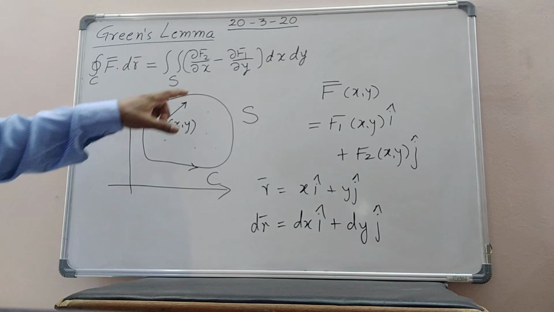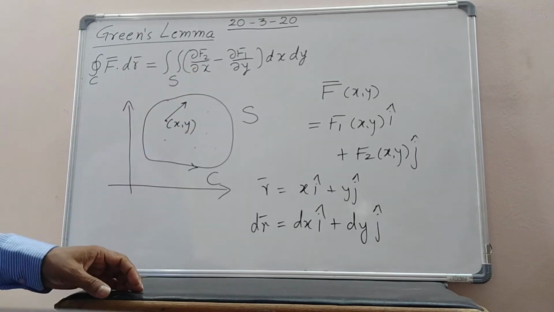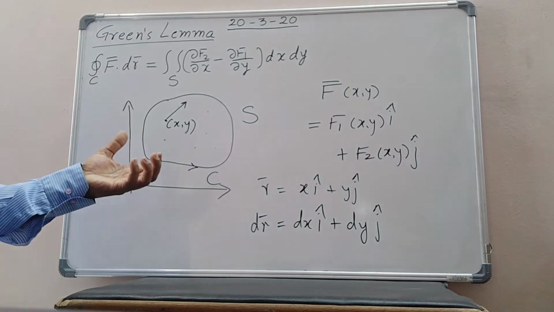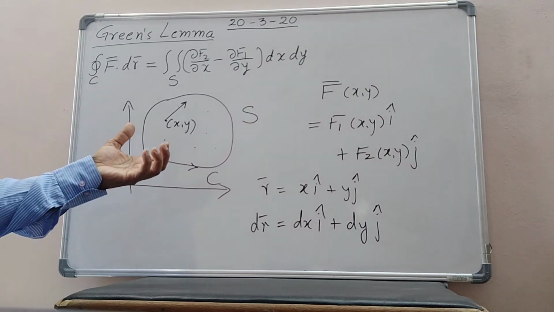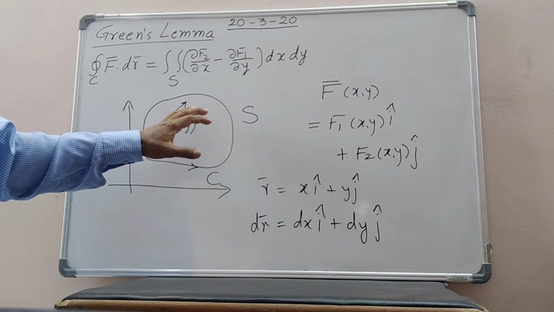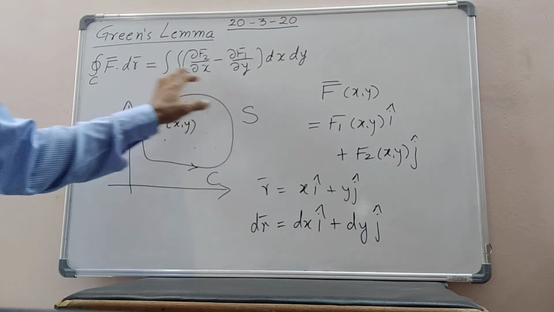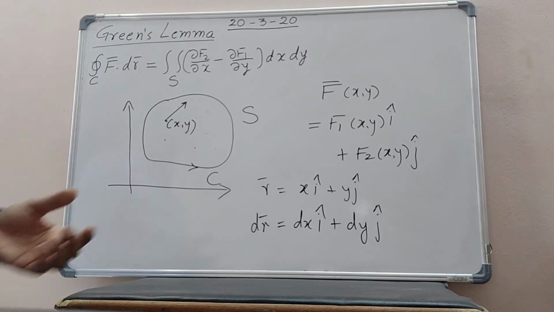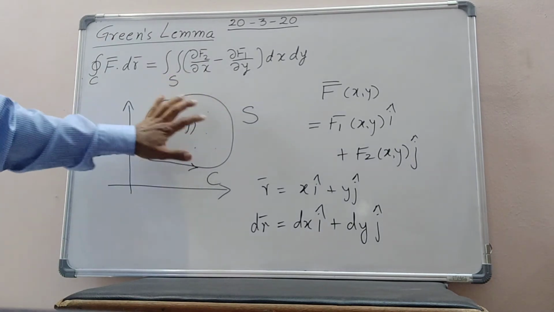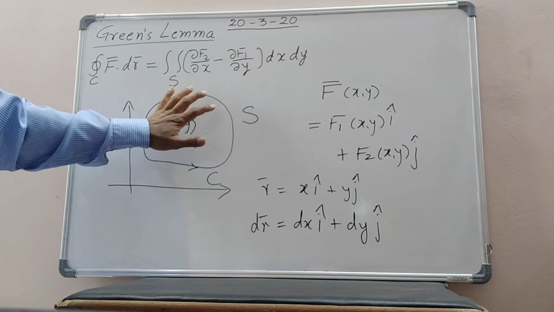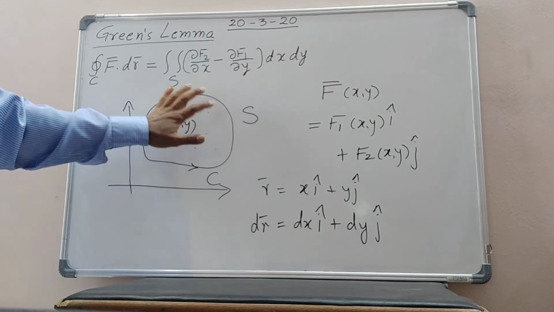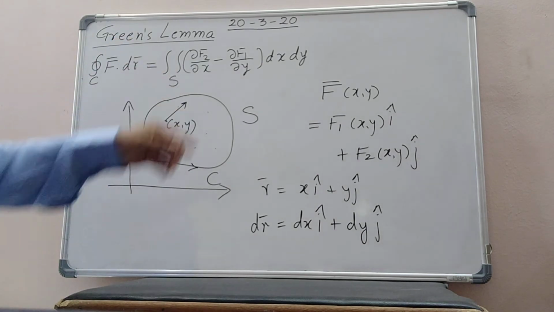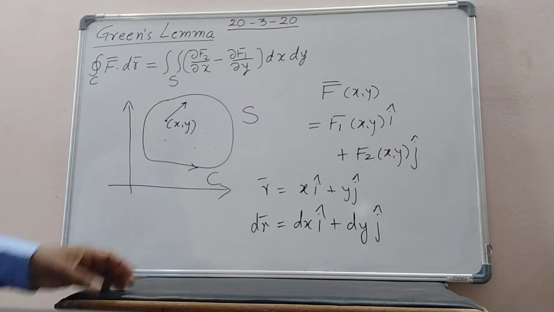A phenomenon which is taking place on the curve can be captured on S by such a calculation, or vice versa, something which is happening within C, and that quantity is the right hand side, can be captured on the boundary, which is the left hand side.